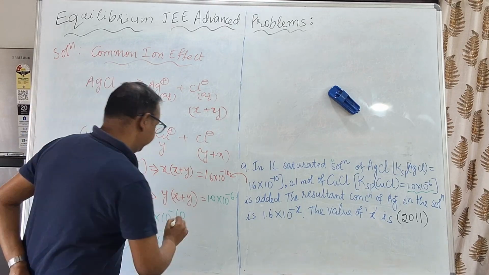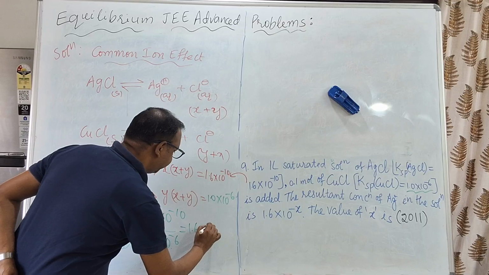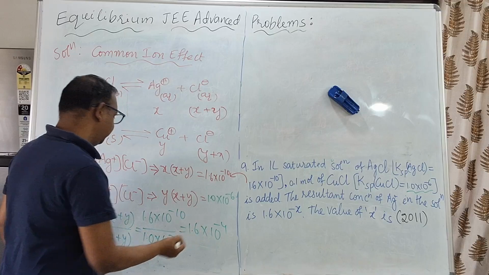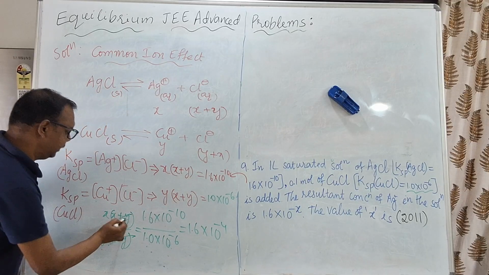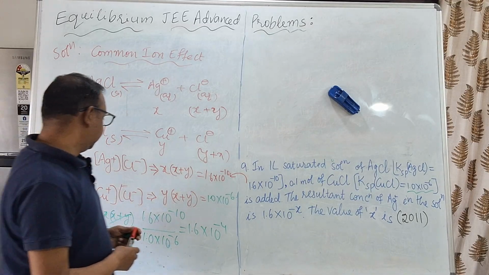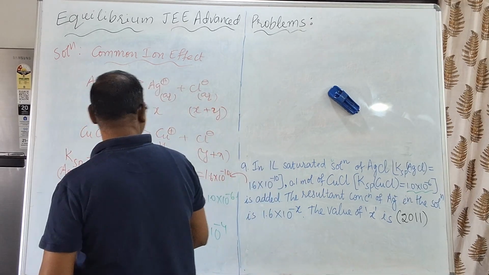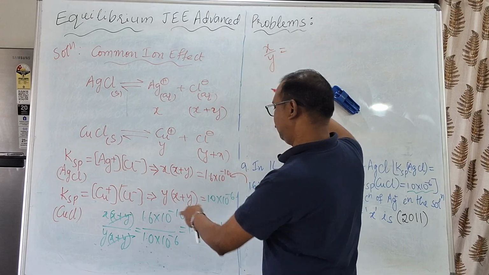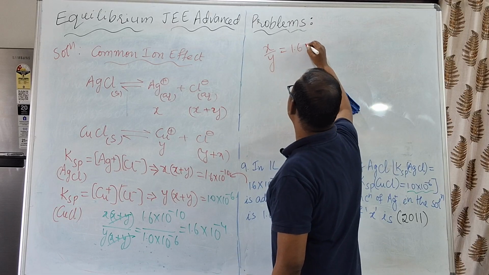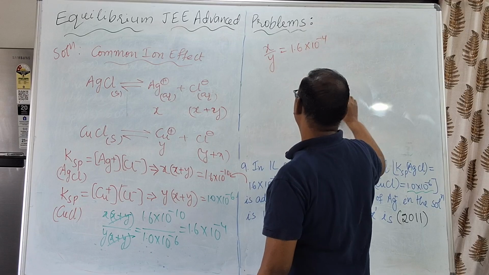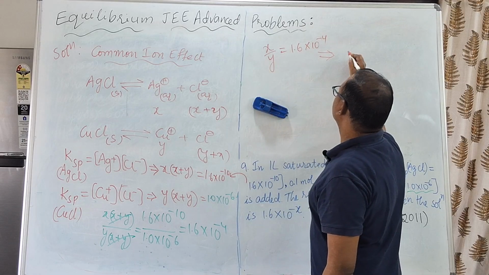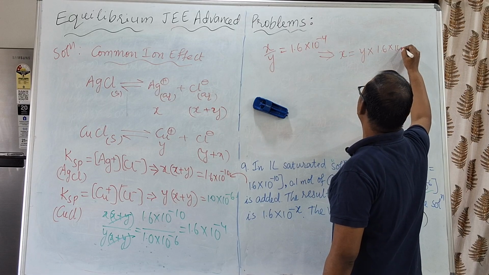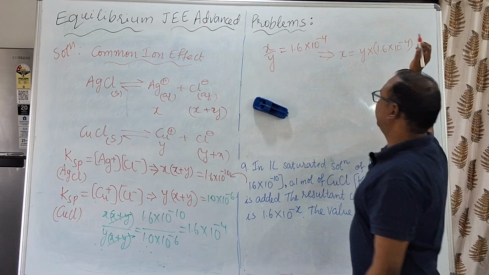Therefore, it can be written as 1.6 into 10 power minus 10 plus 6, that means 10 power minus 4, and x plus y is cancelled out. Therefore, x by y is equal to 1.6 into 10 power minus 4. It implies x is equal to y into 1.6 into 10 power minus 4.